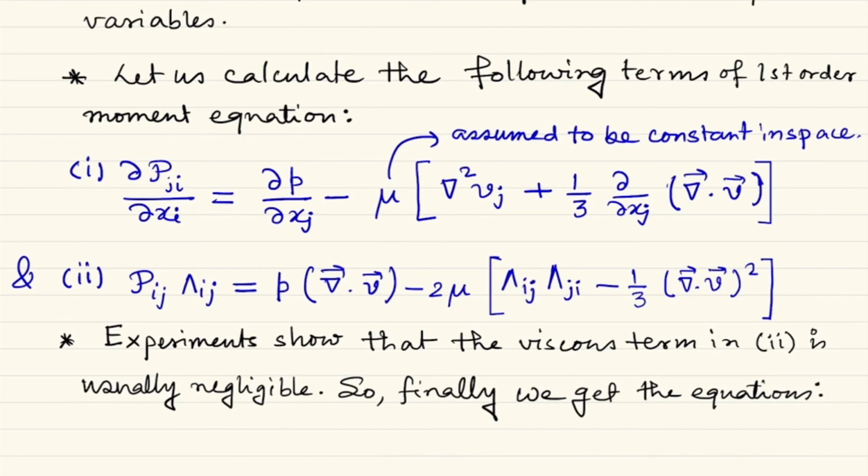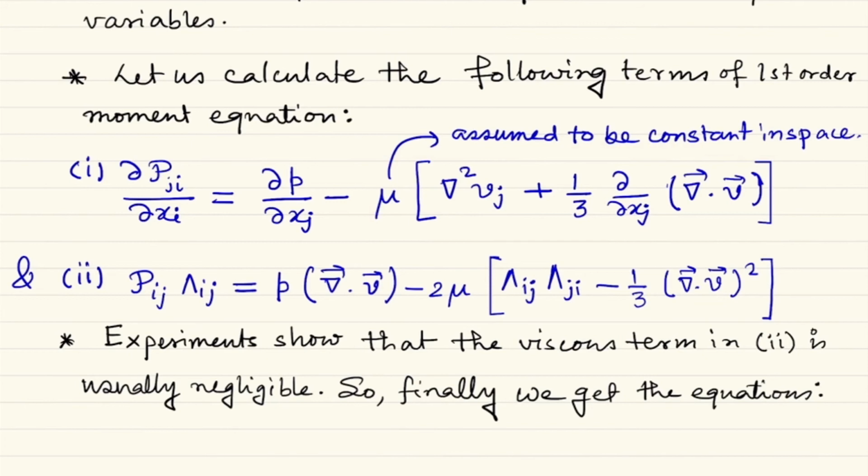There is a case, when we talk about the physics of accretion disks, where of course mu is not constant in space, and that adds a separate physical flavor to the problem. But here in most cases we have this.